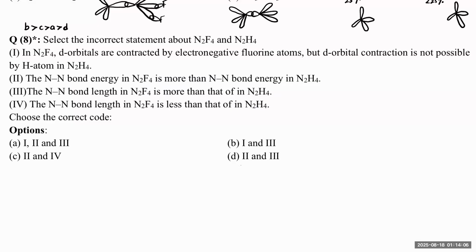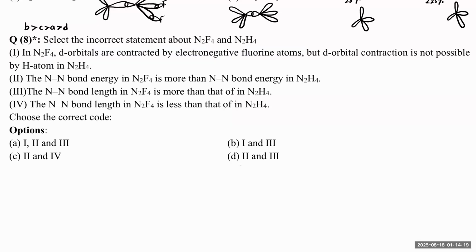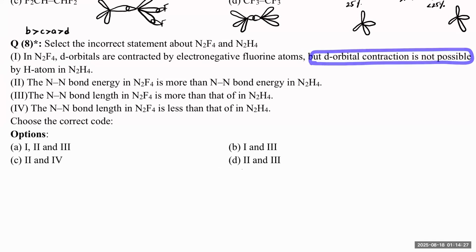Now tell me, in N2F4, the d orbitals are contracted by electronegative atoms. Where are the d orbitals present in this? But the d orbital contraction is not possible by H atoms in N2H4.